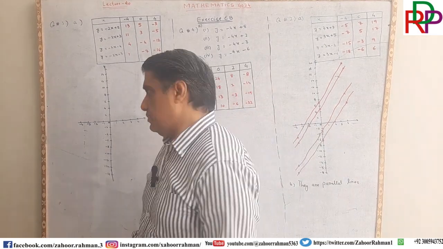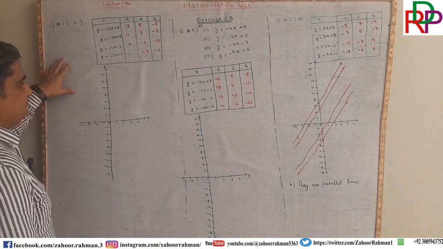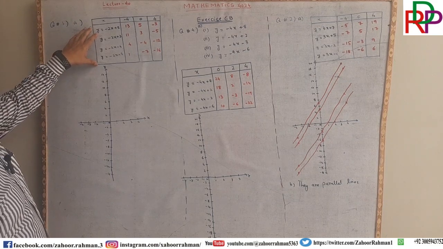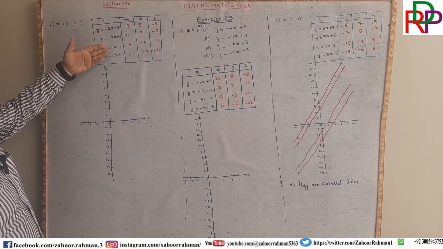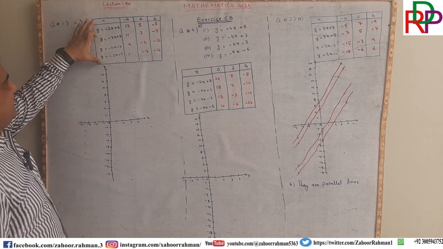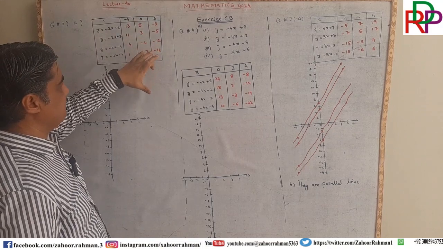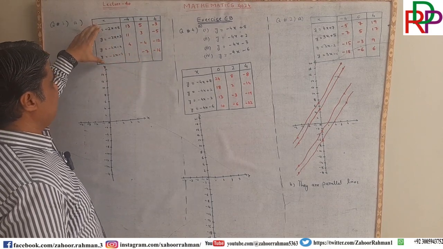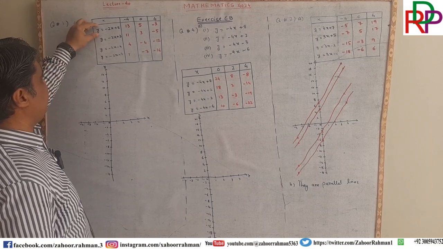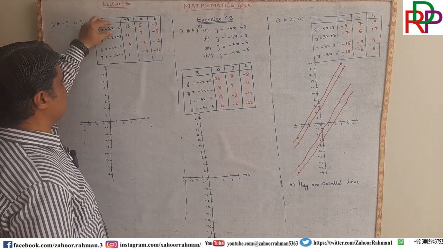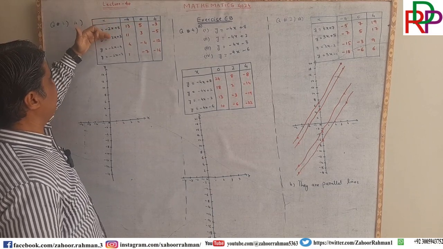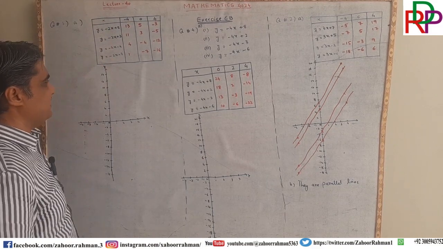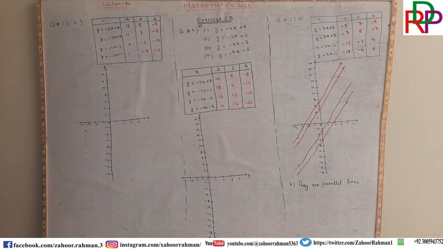Okay, ladies and gentlemen, this is question number 3. As usual, they have given us different equations. We wrote that in the form of a table. You can use separate 2-row tables for each of these, but I made it in one full table so that drawing it will be easy.